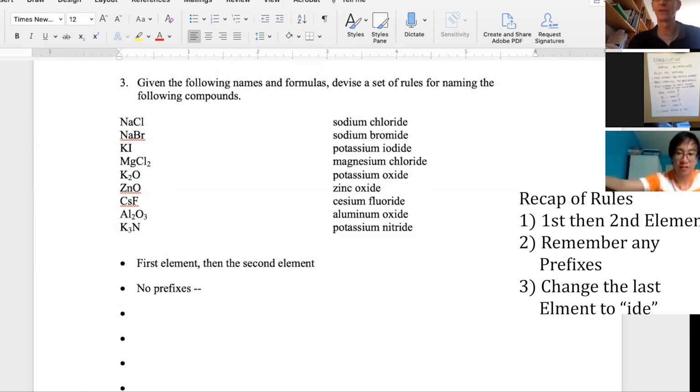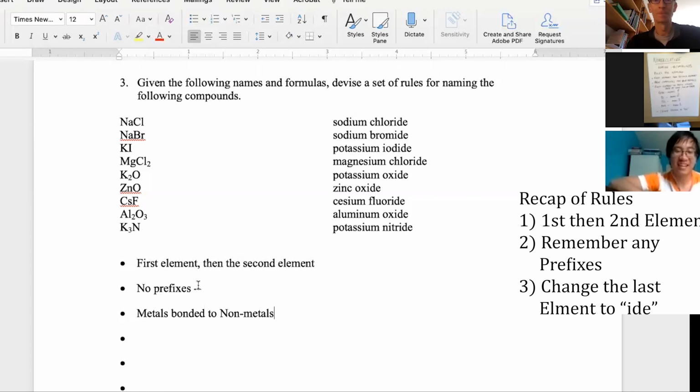Right, so there are no prefixes here, and so there's obviously something else going on, and you and I and some of our students know the thing that's going on is that this is when we have metals bonded to non-metals, right? Right. And so this has a different set of rules, and it doesn't involve any prefixes.